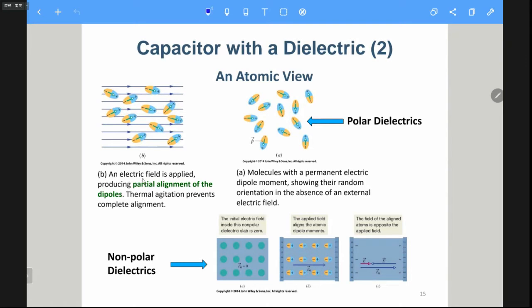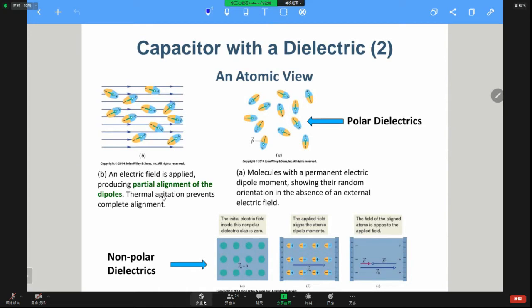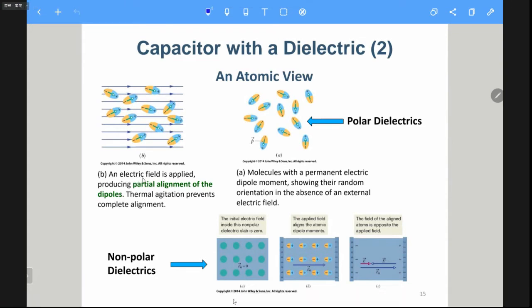So an electric field is applied, producing partial alignment of the dipoles. Thermal agitation prevents complete alignment. Any questions?